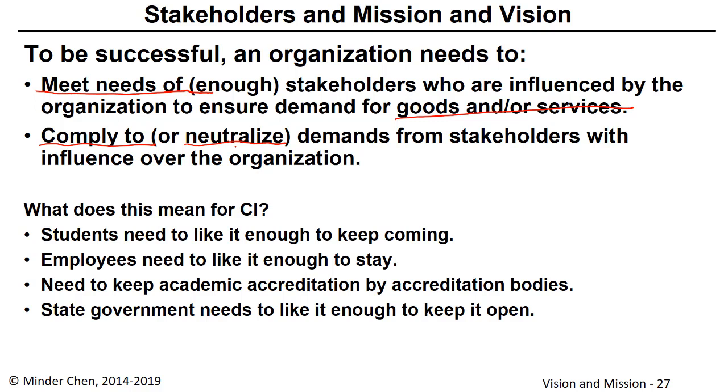And we need to keep academic accreditation by various accreditation bodies. Also, the state government needs to appreciate California State University as a system, such that they provide us sufficient funding to keep us running.